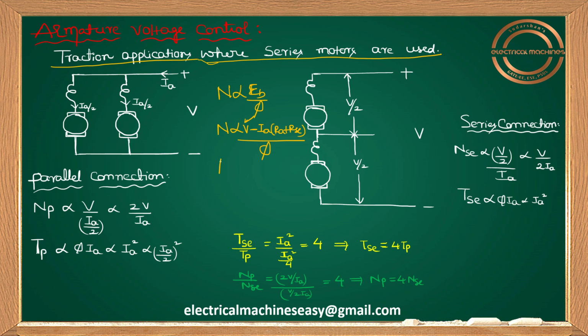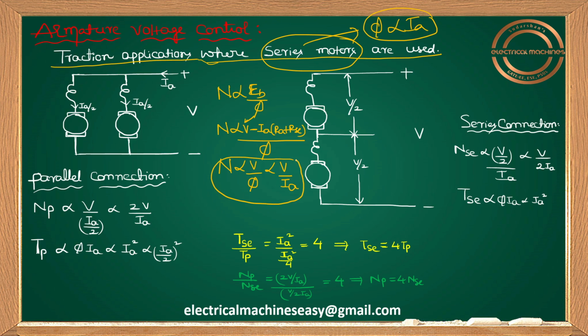So approximately take N proportional to V by phi. And one more thing, in series motors everybody knows that flux is proportional to Ia. If you have confusion, please refer to the basics, the starting class on types of DC machines, where I told you flux is proportional to Ia. So flux proportional to Ia means I can write N proportional to V by Ia.